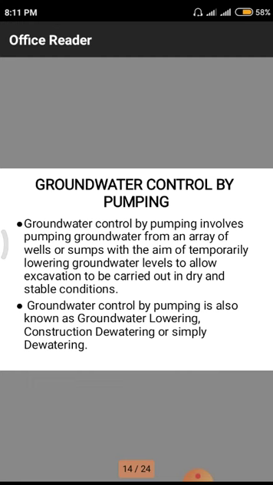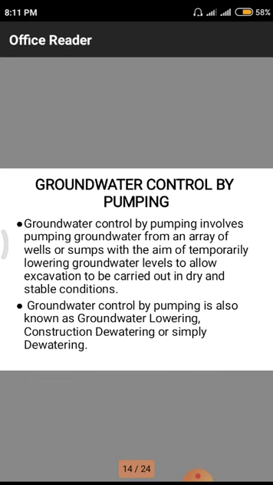Previously we discussed wells and sumps in different cases. Simply imagine a matrix having some rows and columns, where the size of the matrix is shown as m by n, that means number of rows by number of columns.